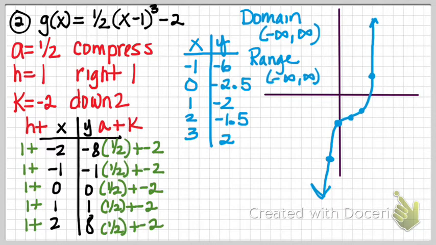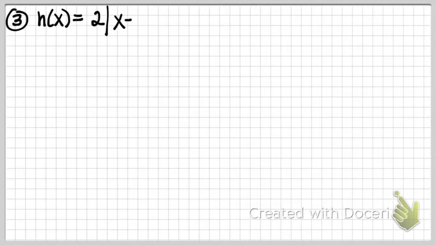Okay, let's do our next graph. Number 3, h of x equals 2 times the absolute value of x minus 3, minus 5.